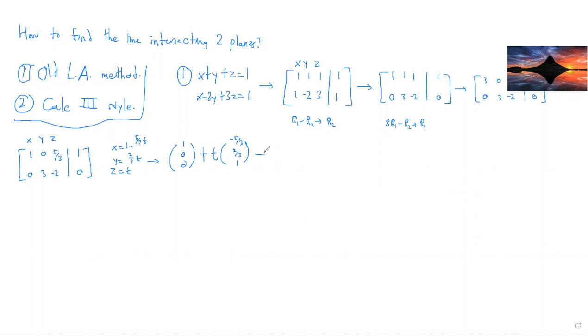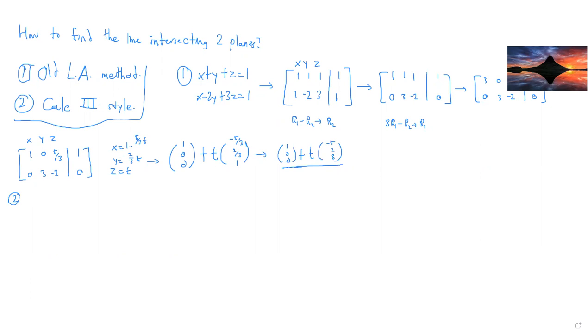But because I'm fancy and like the direction vector as whole integers, I'm going to rewrite this as 1, 0, 0 plus t and multiply the direction vector by 3, so negative 5, 2, 3. There we go. The old-fashioned linear algebra style is guaranteed to give a line with dimension 1 where z is your free variable. So there you go.